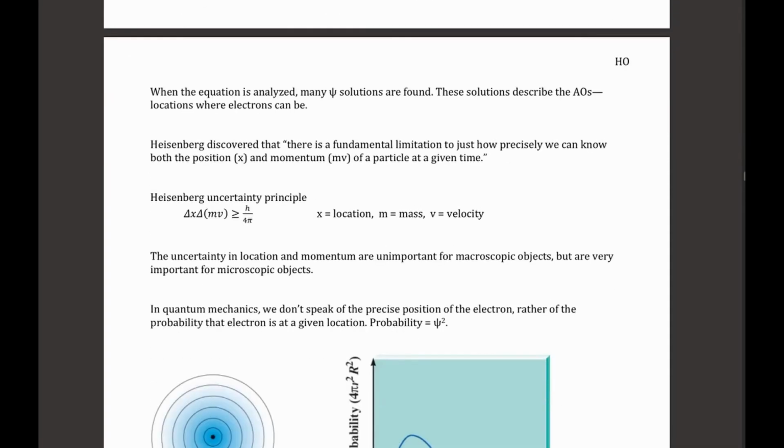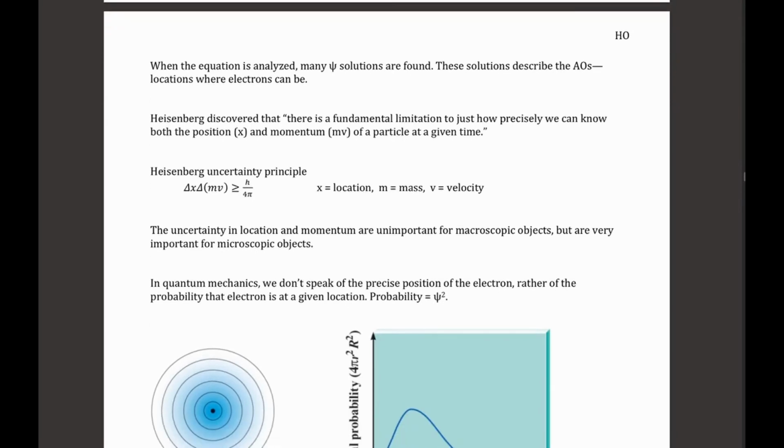So when the equation is analyzed, many solutions for psi, many wave function solutions, are found. These solutions describe atomic orbitals, which are locations where electrons can be found. So AO, atomic orbital. In the Bohr model, the electron could be found in orbits.